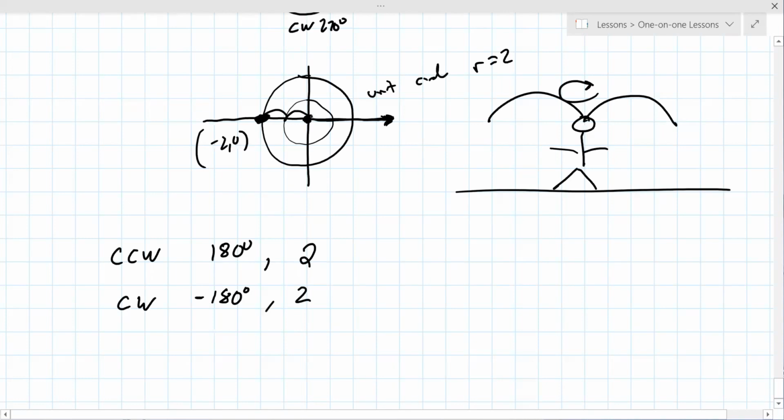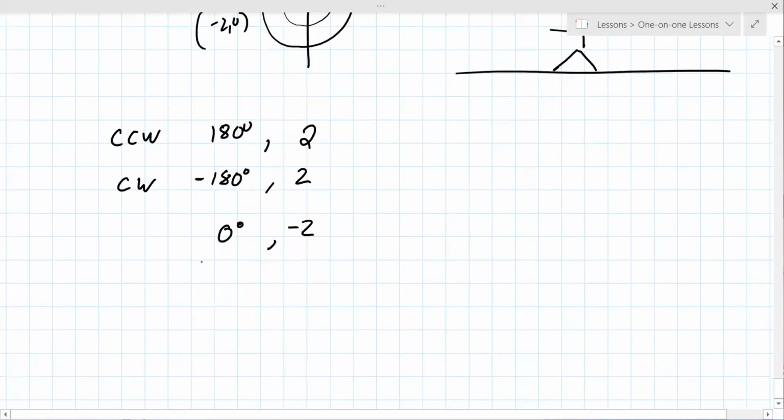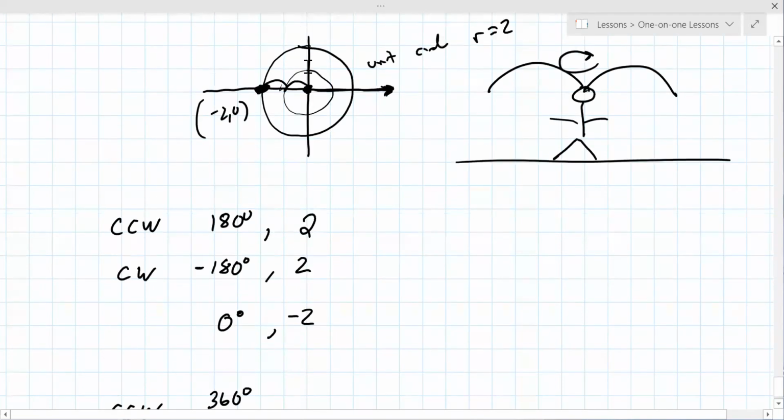Now there's other possibilities here. Here's another possibility. You're facing forward, and you can take 2 steps back. You can also rotate 360 degrees counterclockwise or clockwise. We'll just say counterclockwise. So that means you're facing to the right.